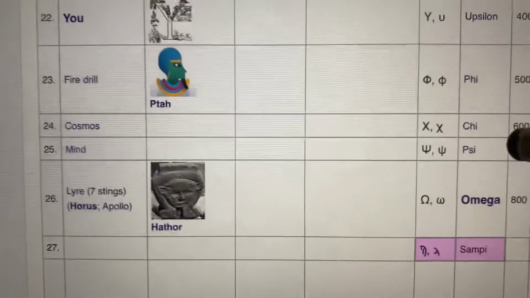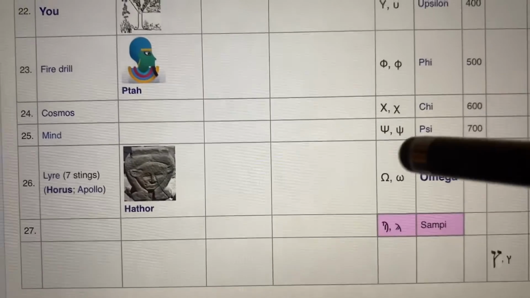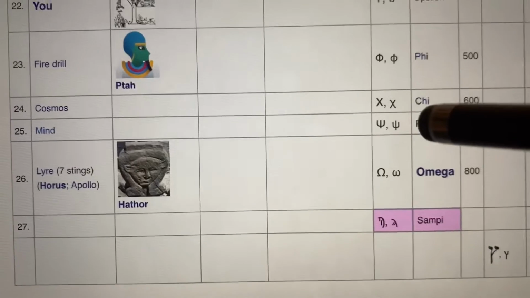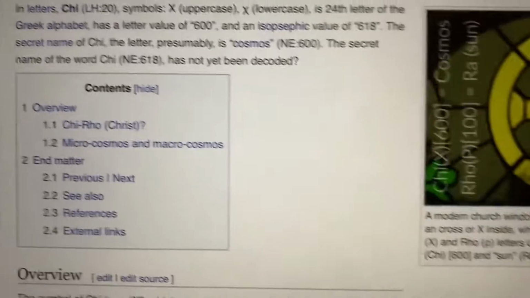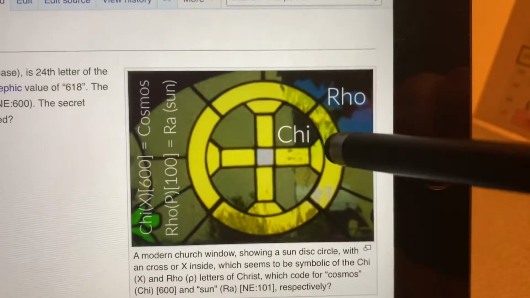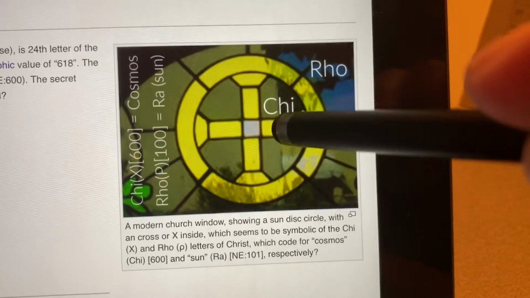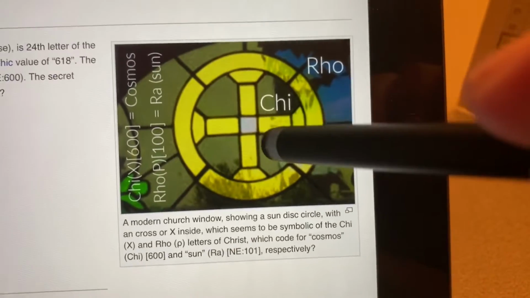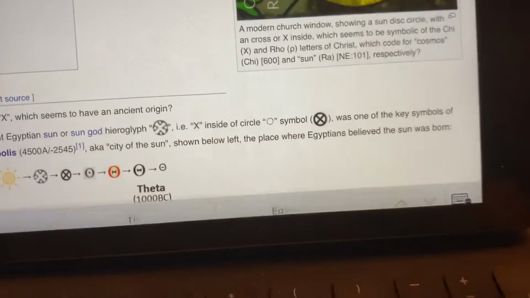And then we have Chi is cosmos, Psi is mind. Chi yields the cipher of the Omicron inside of a Chi, or Omicron with a Chi letter inside of it, which yields the value of Heliopolis.